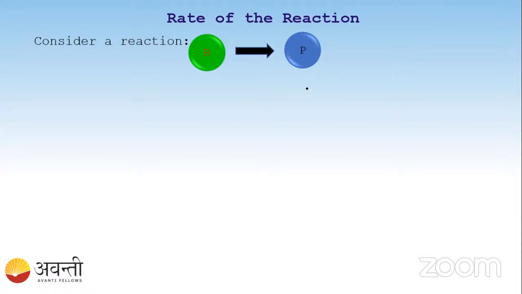Initially, what were your reagents? You need tea leaves, sugar and milk. These were the basic things, right? If you take these as reagents, and the cup of tea as the product, initially you will see tea leaves separately, sugar separately, and milk separately.